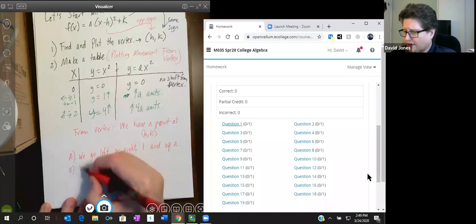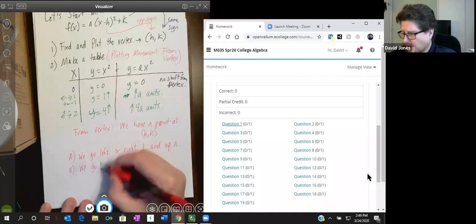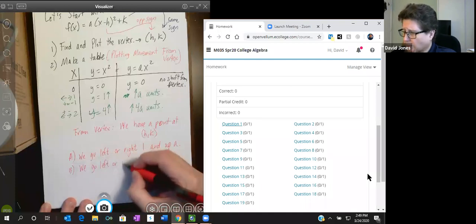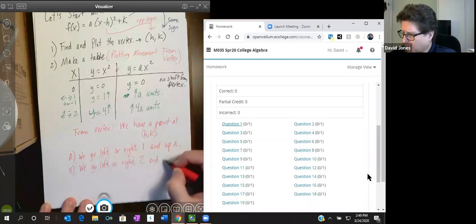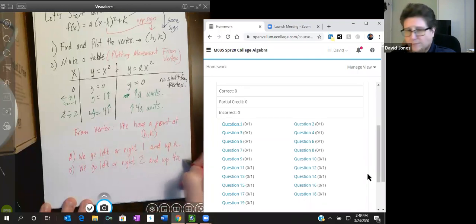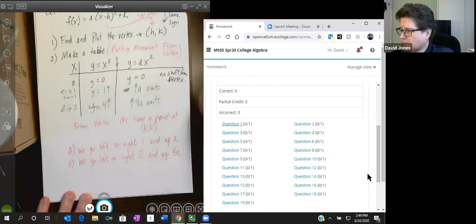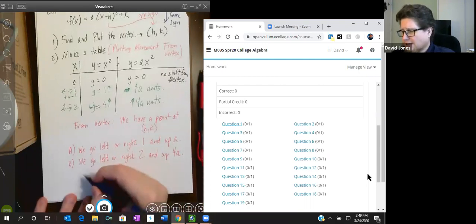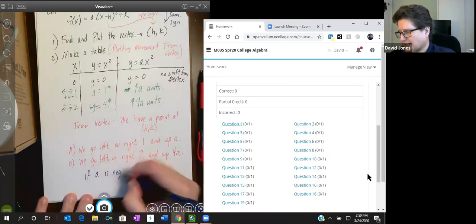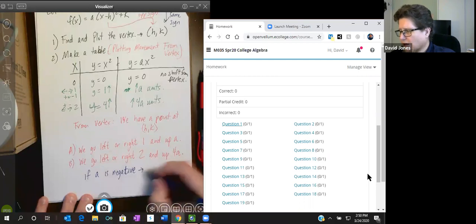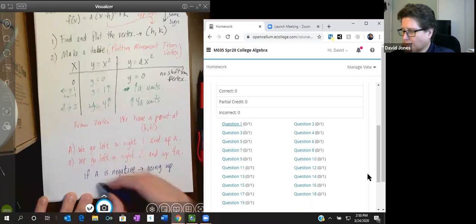And we go left or right 2 and up 4a. If a is negative, going up negative means going down.